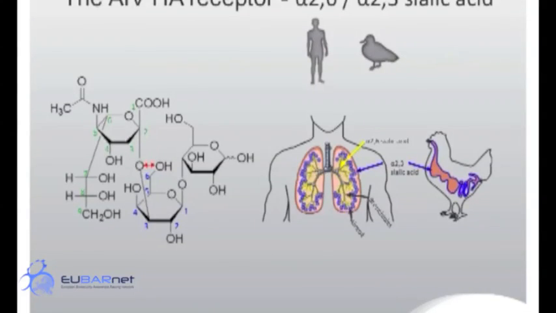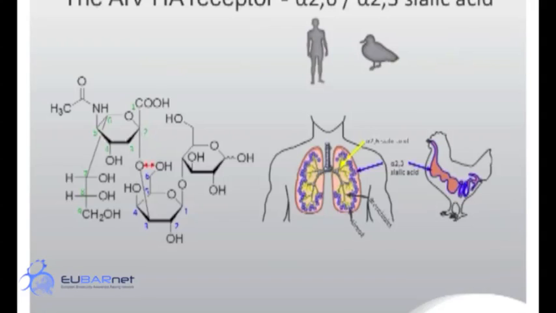So the adaptation that we are talking about, and that this study has been working with, is because the thing with H5N1 viruses coming from birds is that they cannot easily spread between humans.